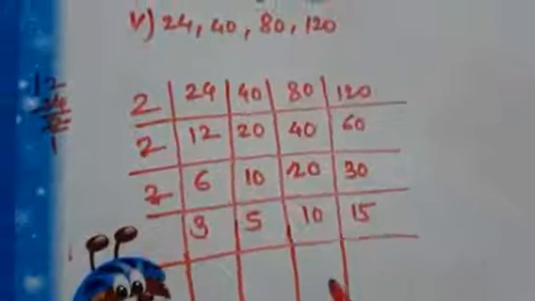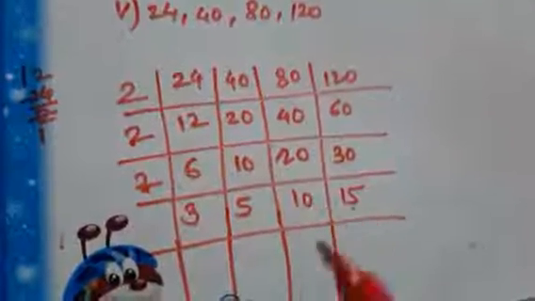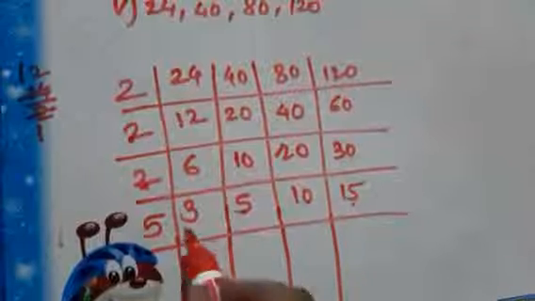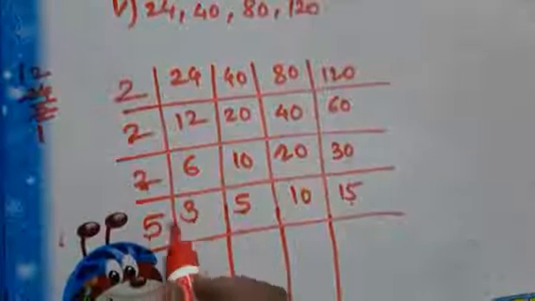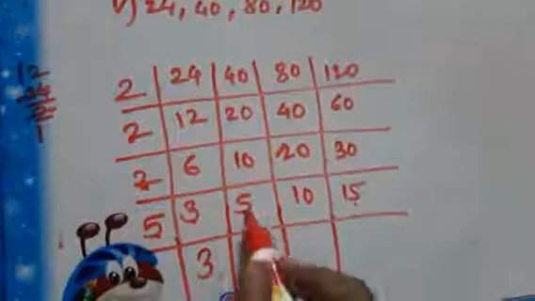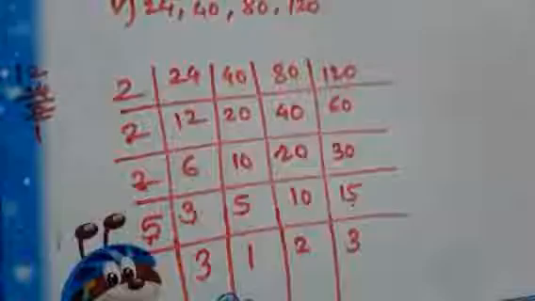Now, for these three numbers 5, 10 and 15, we can take 5 as a common factor. As 3 is not divisible by 5, write it as it is, 3. So, 5 ones are 5, 5 twos are 10, 5 threes are 15.